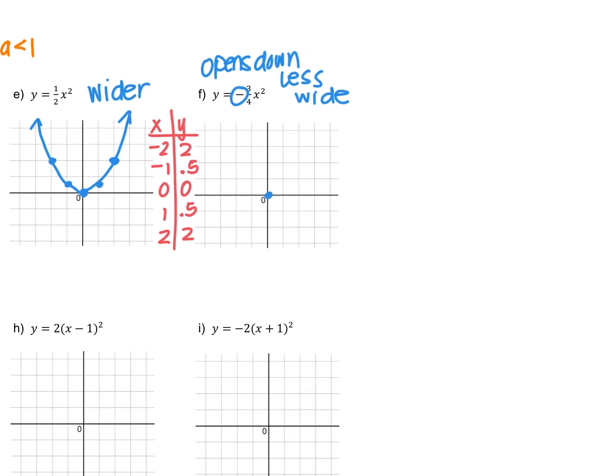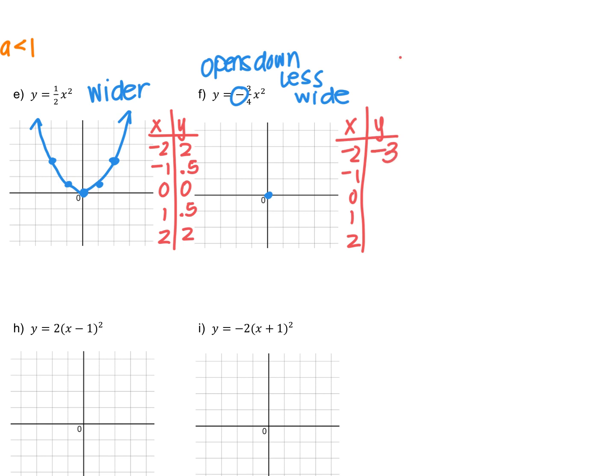So let's talk about these points. I've got x, y: -2, -1, 0, 1, 2. -2 squared is 4. 4 times -3/4 is -3.